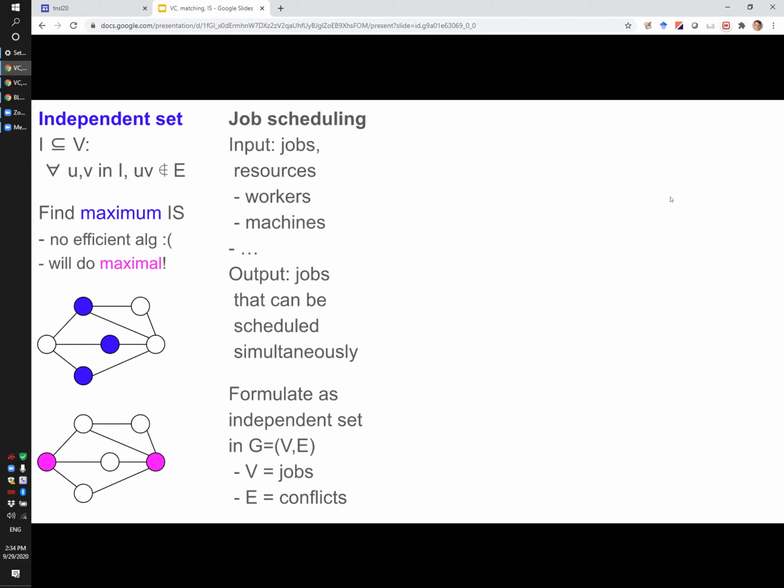And what you can do in this case is you can form a graph on jobs, whose vertices are your jobs and whose edges connect jobs that conflict.